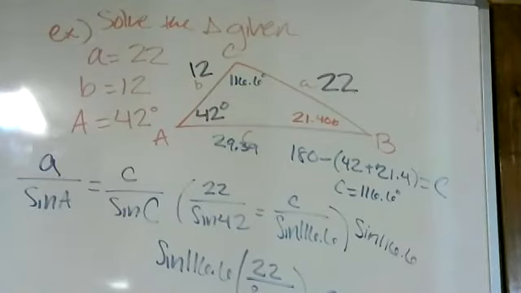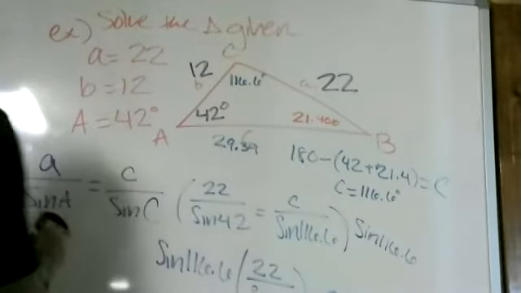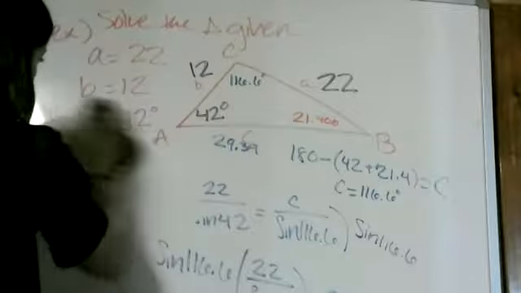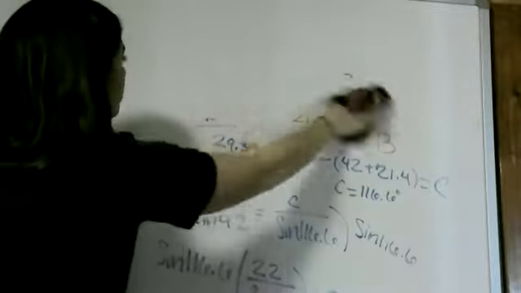The very last thing here that we'd like to be able to do with this, stemming off of the law of sine, is that we have a way to find the area of a triangle. And that's going to be a totally different formula here.